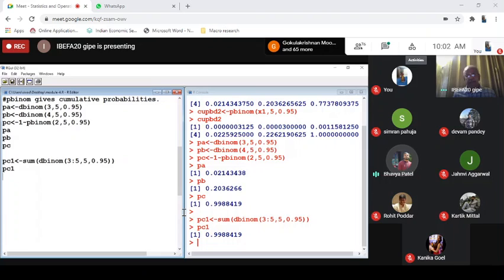So 3 to 5 is the accumulation of 3, 4, and 5, right? Over here I will be using D binom. So I'm talking about 3 and 5 over here. What does that suggest? What is 3 to 5?